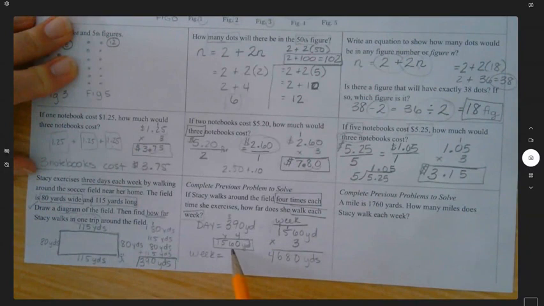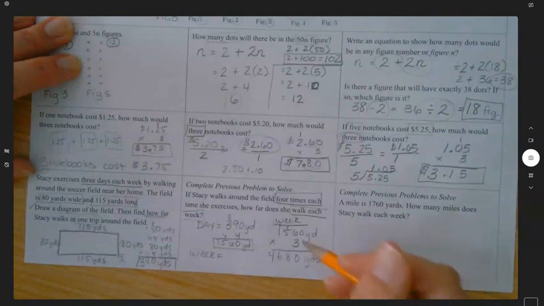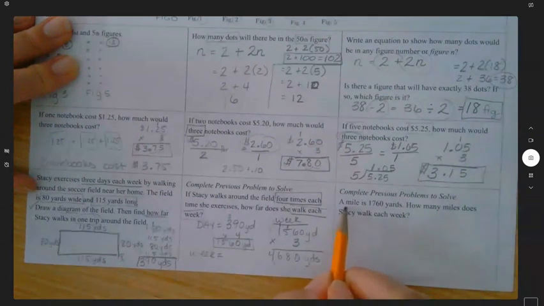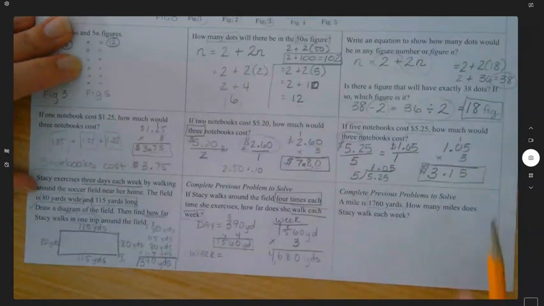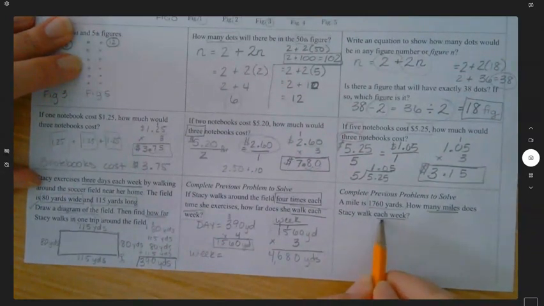Then we figured out that if Stacy does that perimeter walk 4 times each day, her daily walking would be 1560 yards. And if she exercised 3 times a week, she is walking 4,680 yards. Now we're going over here. A mile is 1,760 yards. And we want to know how many miles does Stacy walk each week.